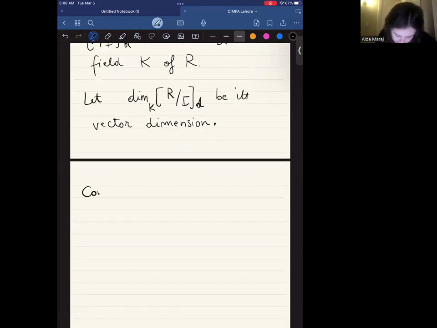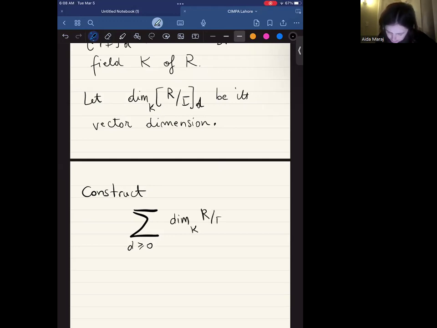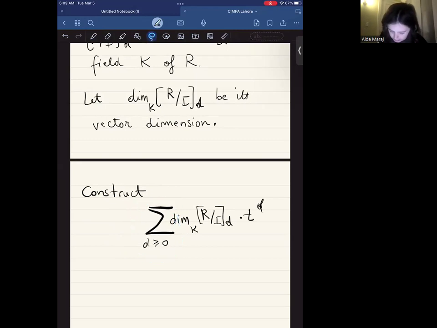So construct this series, the sum for D greater or equal to 0 of the vector dimension of R mod I D times T to the D. And we will denote this with the Hilbert series of R mod I of T.